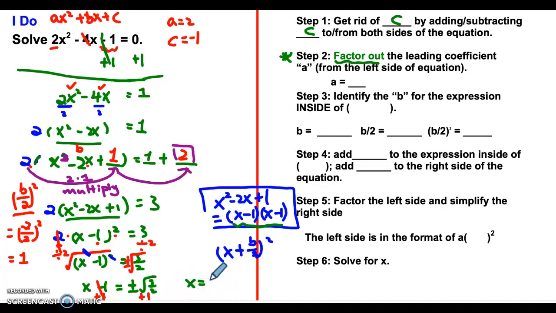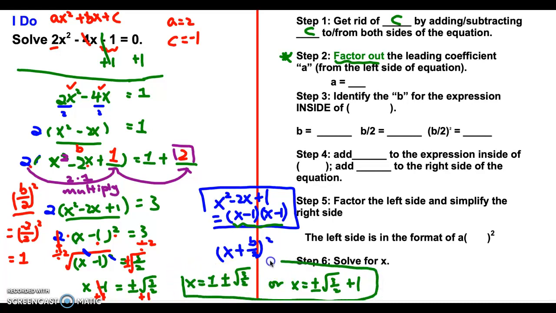On the right side, I'm going to write it as 1 plus minus the square root of 3 over 2. Some people write it as x equal to plus minus 3 over 2 plus 1. Either way is fine. Both of them. Alright? Does it make sense?